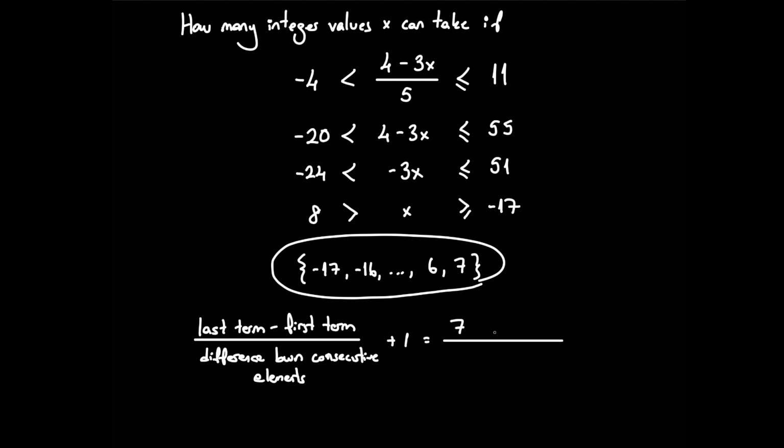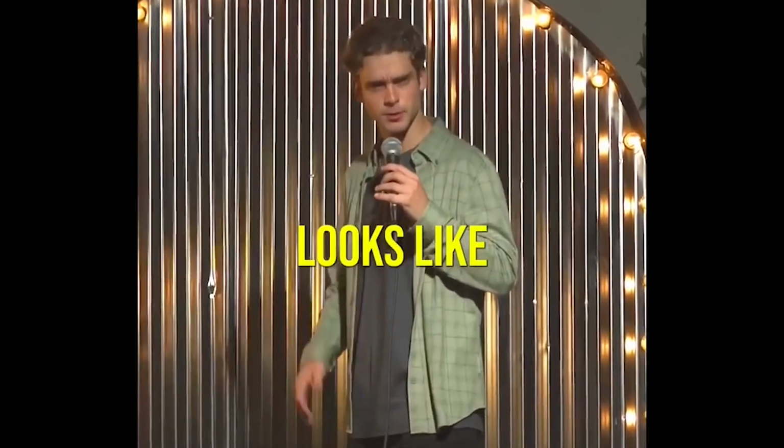Last term is 7. First term is minus 17, over the difference between consecutive elements, which is 1, plus 1. This gives us 24 over 1 plus 1, and that is 25. All right, looks like we're done here.